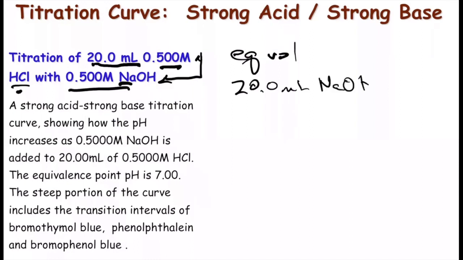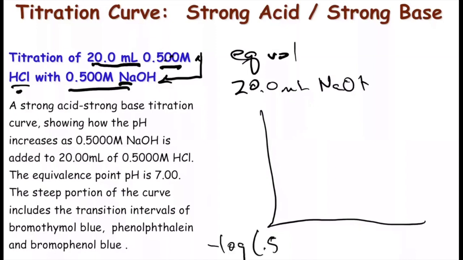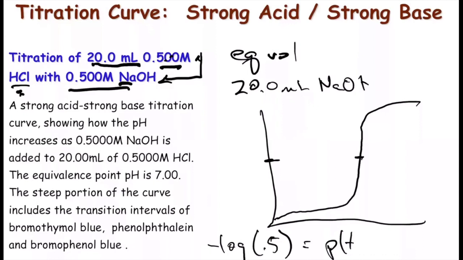I already know that because these two are the same concentration. So the titration curve for this will start out low. The concentration is 0.5 for hydrochloric acid. If you take the negative log of 0.5, that'll be your pH, because this is a strong acid. So it's going to start out low. It's going to go up, and then at the equivalent point, that's 7, because this is a strong acid, strong base situation. So this is what that titration curve will look like.